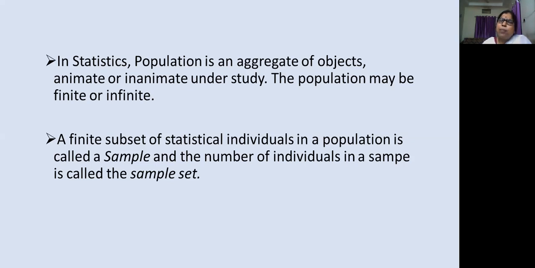Now, the population can be finite or infinite. If we are studying the books in the X college library, the population of inanimate books can be, let us say, N equals 10,000. So these are finite. Now if I want to study how many stars will fall on a particular day, say they announce an auspicious day and the galaxy stars move and some fall.